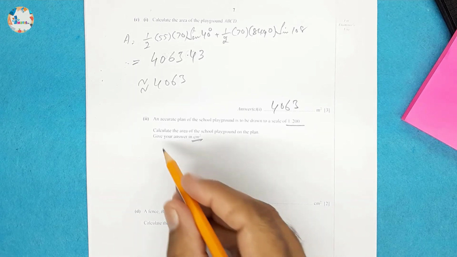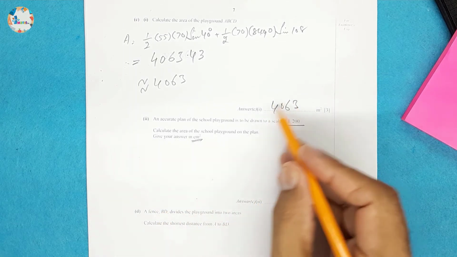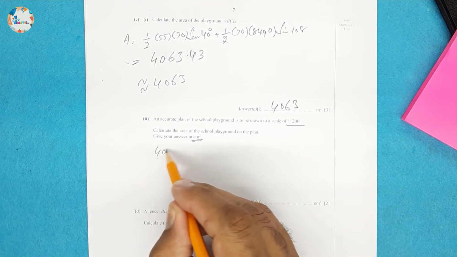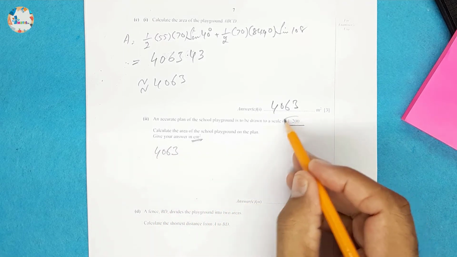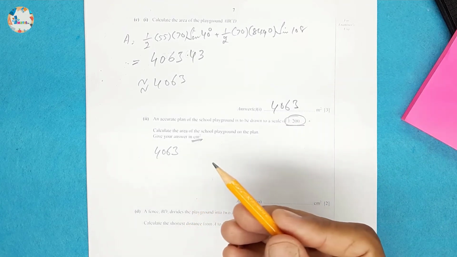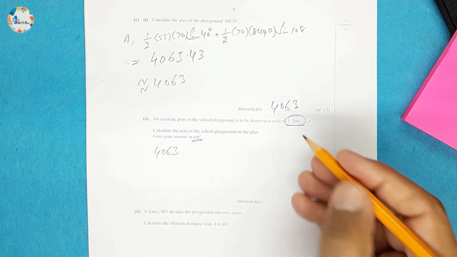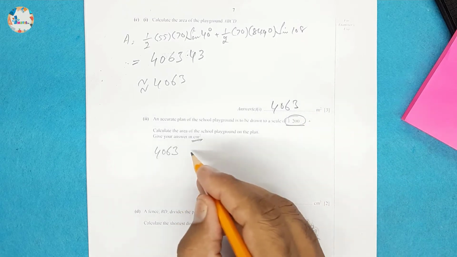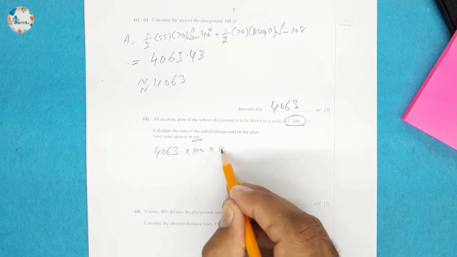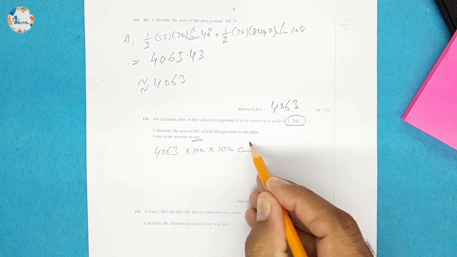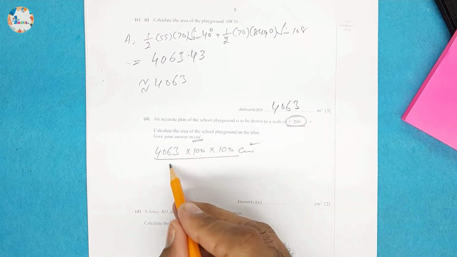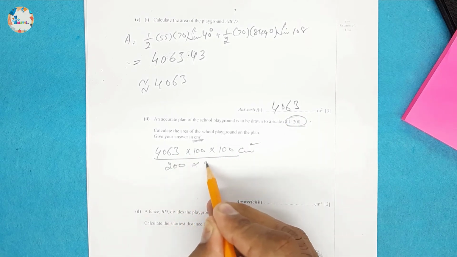For this part we will be taking this area, basically 4063, and we have to take this ratio, but we require centimeters, not meters. So this is in meters, we will have to change into centimeters. We will multiply by 100 and 100.